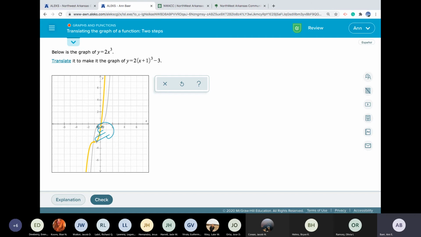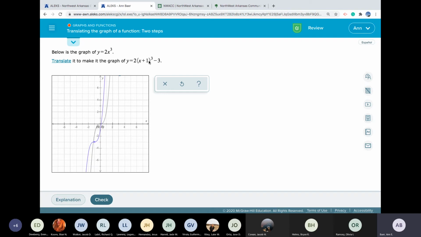And the y coordinate, straight over here, -3. So we have y, and I'm writing down -3 on my paper, equals 2 times parenthesis x, I think it's -1, plus 1. I'm copying down the plus 1 from right up here, parenthesis, cubed, minus 3.